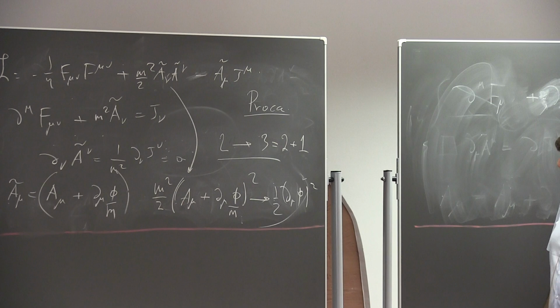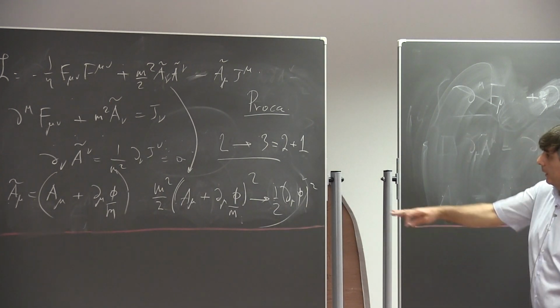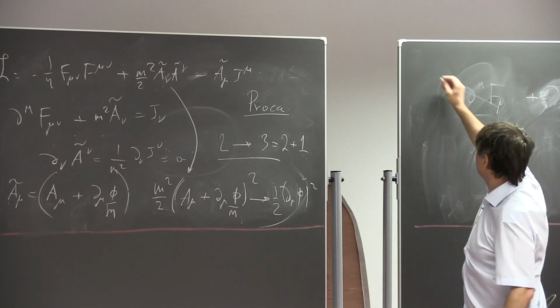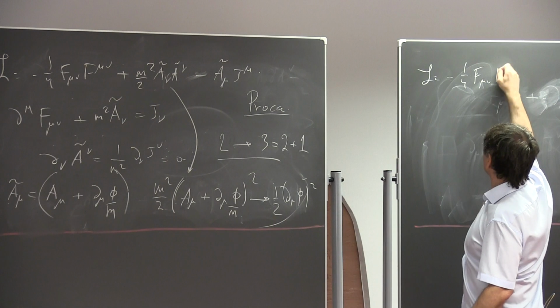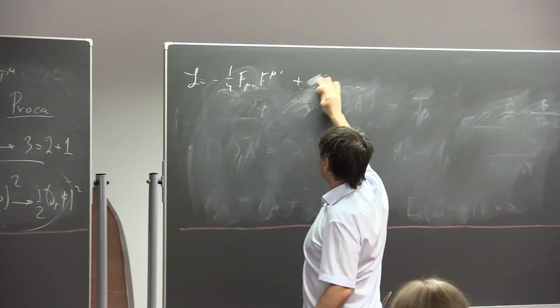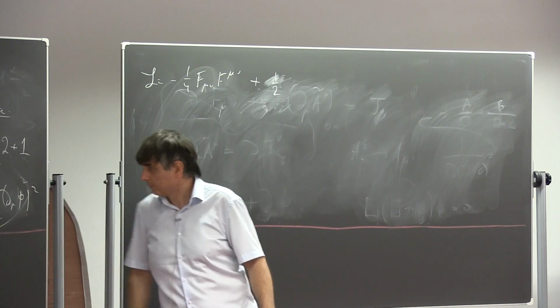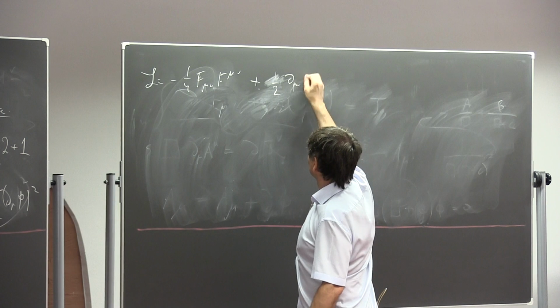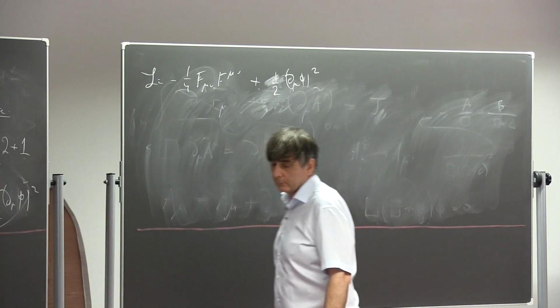Now, if we write the theory in this form, I cannot go below this red line. We can see immediately what happens. If I expand this term now, then we have a mixing between A mu and phi.